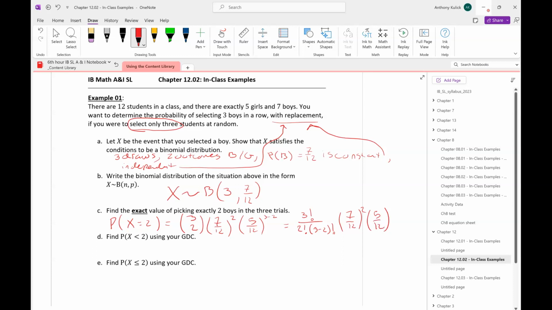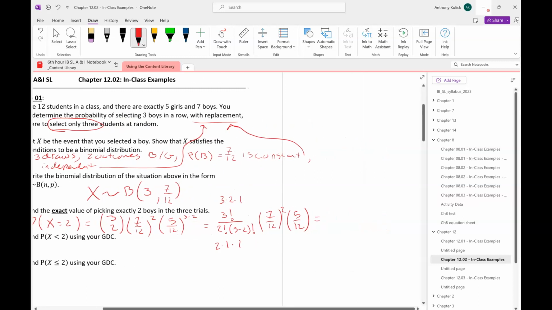So remember what factorial means, the exclamation point? 3 factorial just means 3 times 2 times 1. 2 factorial just means 2 times 1. 3 minus 2 is 1, and 1 factorial is just 1.